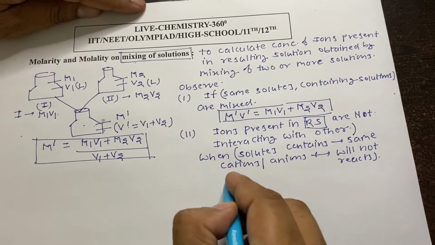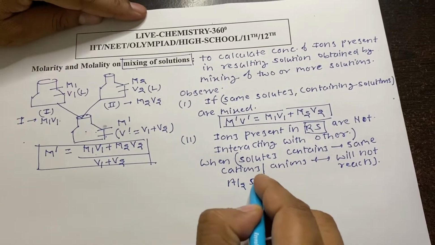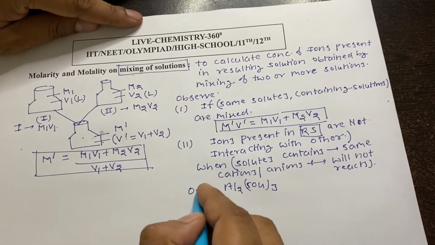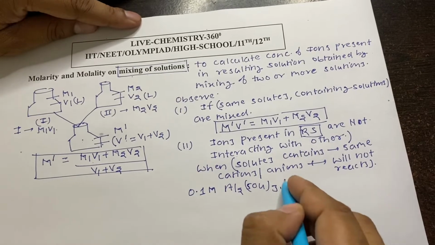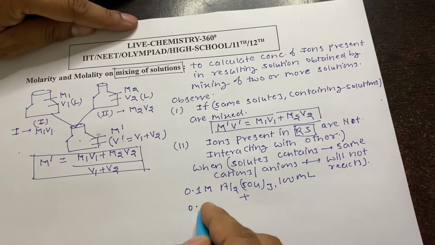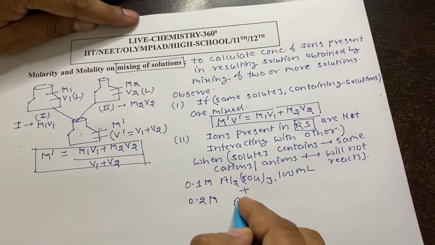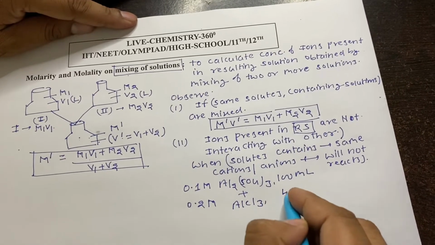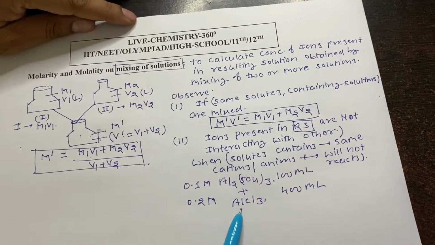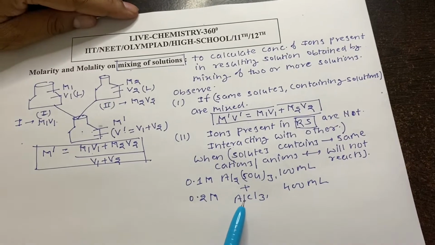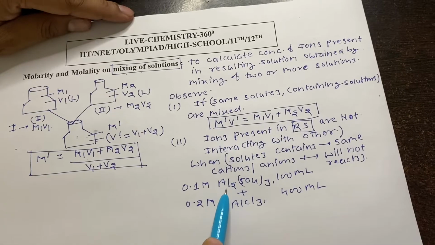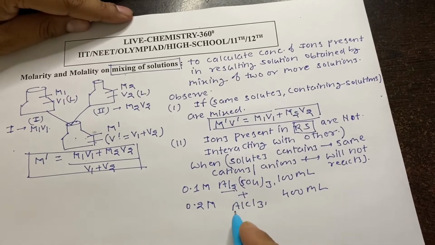For example, if you mix Al2(SO4)3 solution of a particular concentration, suppose 0.1 M 100 ml, with 0.2 M AlCl3 solution of volume 400 ml, when you mix these two solutions, they will not react because the ions are non-interacting, because the cations are same.